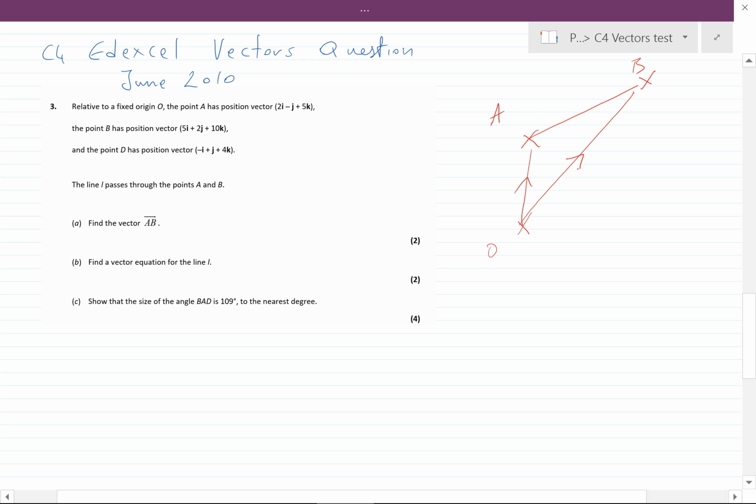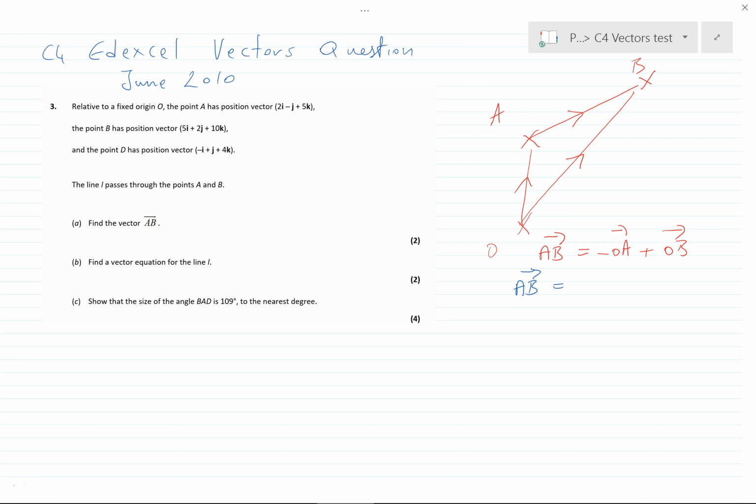So it's a fairly straightforward thing to work out AB, because AB will be equal to minus OA plus OB. Okay, so we're basically taking the vector A from the vector B.